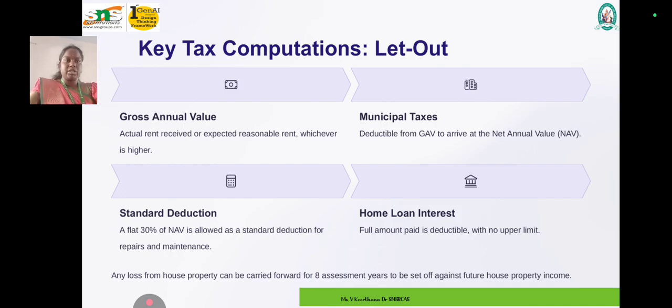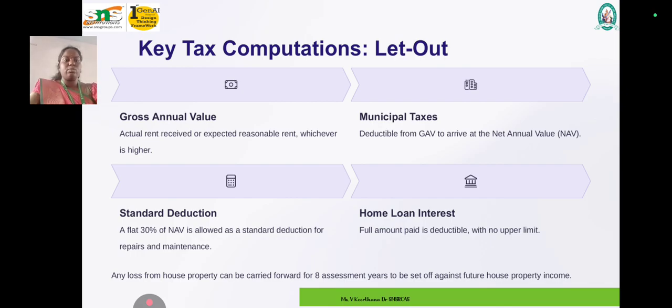For computing the let-out property, first is gross annual value: actual rent received or expected reasonable rent, whichever is higher. Municipal taxes are deductible from gross annual value to arrive at the net annual value. In standard deduction, a flat 30% of NAV, which is net annual value, is allowed for repairs and maintenance.